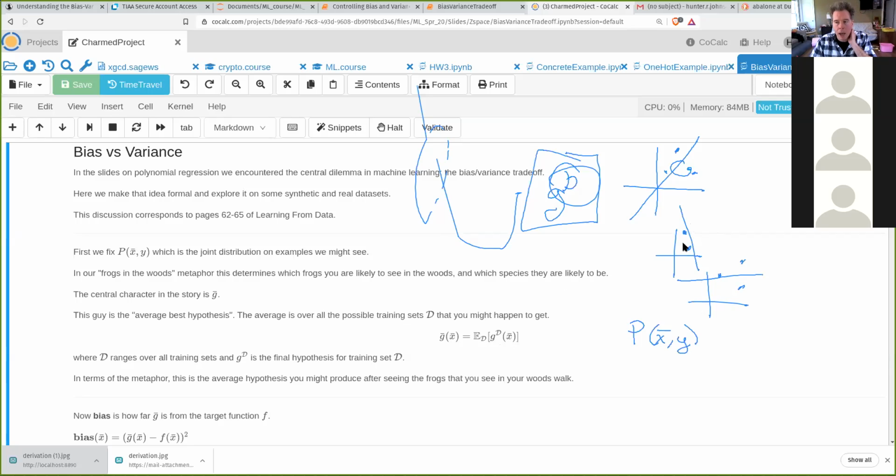That would be the average line produced when I do this kind of regression, and that would be G bar. Expected value is just a fancy way of saying average. So this is the average best hypothesis, where the average is over all possible training data sets. Is that okay?